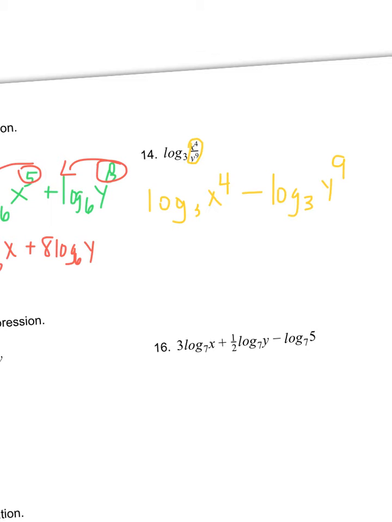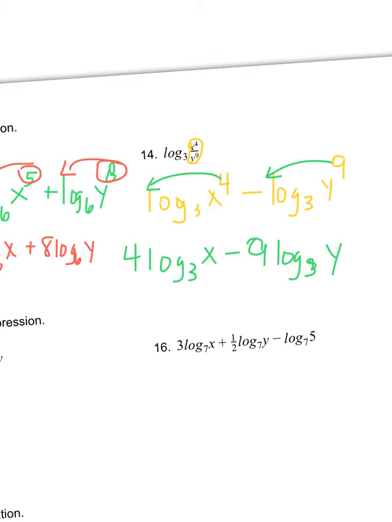And then your final answer happens after you move these exponents to the front. They fall off the log. So final answer is 4 log base 3 of x minus 9 log base 3, that's a 3, of y. And that's the answer.